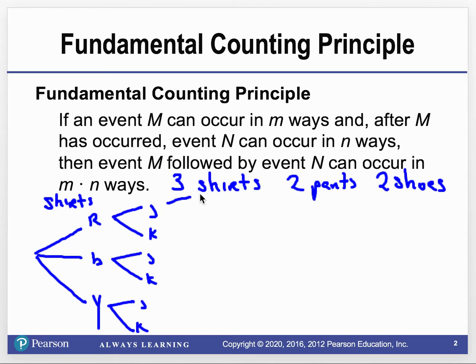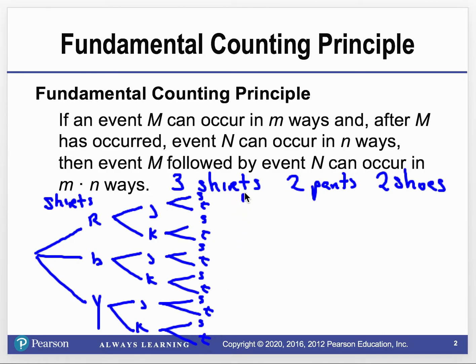Let's say I have sandals and tennis shoes for each one of these. Then the tree diagram tells us how many possible outfits we have.